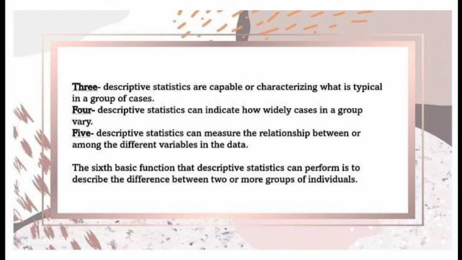Descriptive statistics can indicate how widely cases in a group vary. 5. Descriptive statistics can measure the relationship between or among the different variables in the data. The 6th basic function that descriptive statistics can perform is to describe the difference between 2 or more groups of individuals.